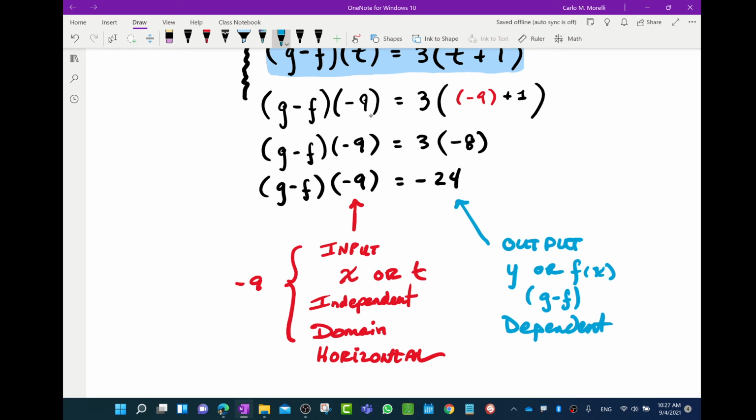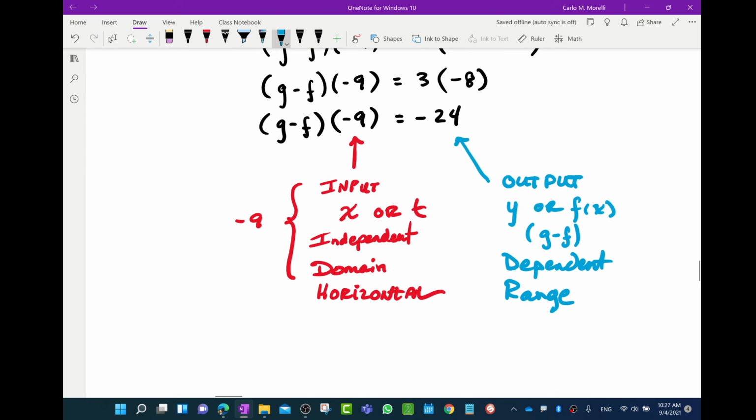In other words, this number depends on what you plug in. It changes depending on what you plug in. And this is what's going to be plotted as the range value, and this is going to be on the vertical axis. Okay?